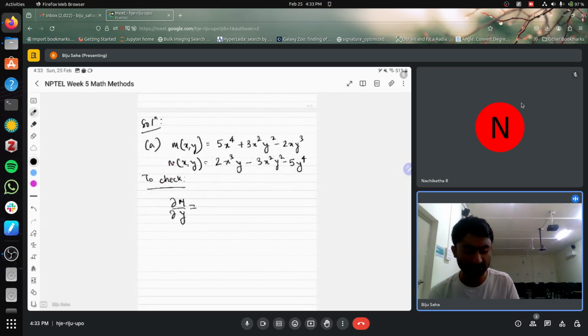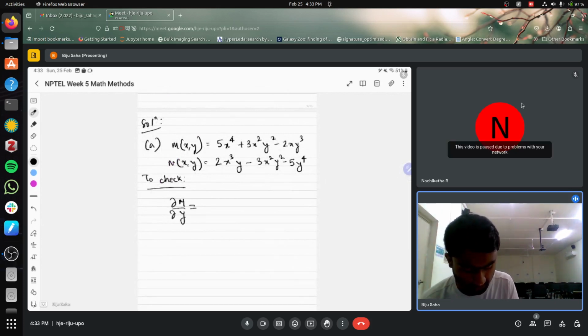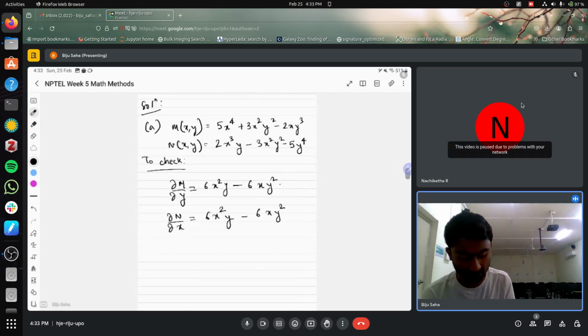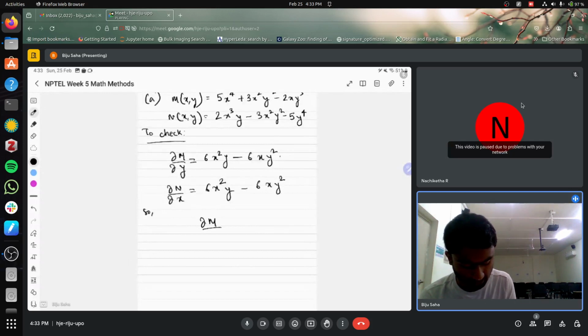Taking the partial derivative means x is constant, so the first term is no longer appearing. So it is 6x squared y minus 6xy squared. We have del M by del y equal to del N by del x. Therefore, the differential equation is exact.